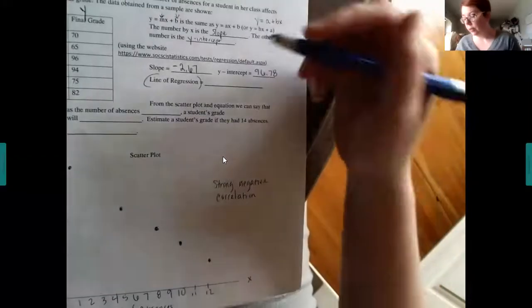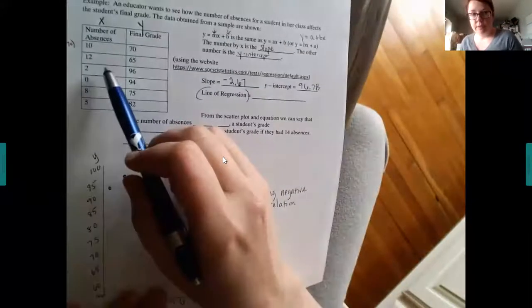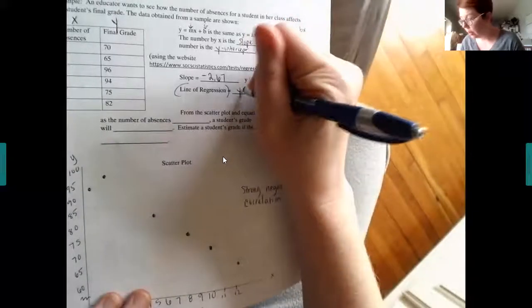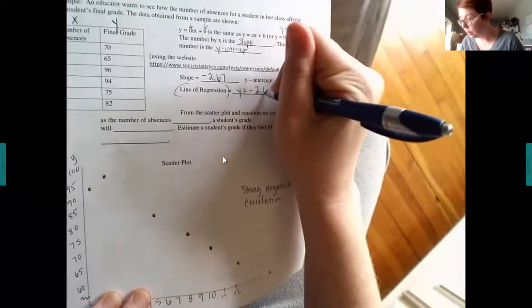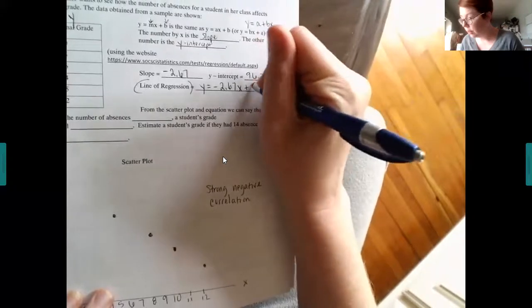Okay, so we got that slope and y-intercept from the website, and it was using these numbers. And so the line of regression will be y equals negative 2.67x, and since this is positive, plus 96.78. Okay.